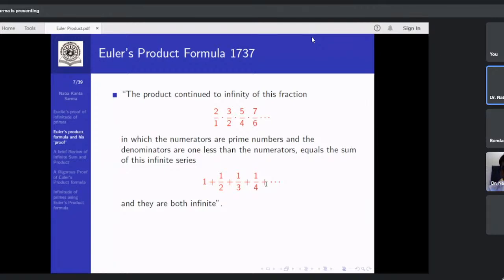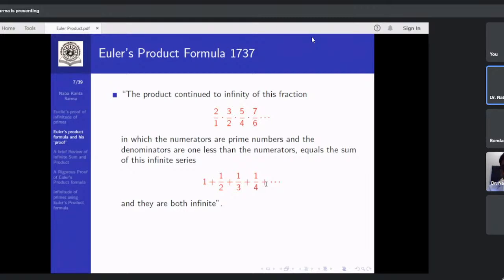So if we go on multiplying up to infinity, then this product will be equal to the sum of the infinite series 1 plus 1 by 2 plus 1 by 3 up to infinity. And he also knew that both these numbers are infinite. So this is his product formula.